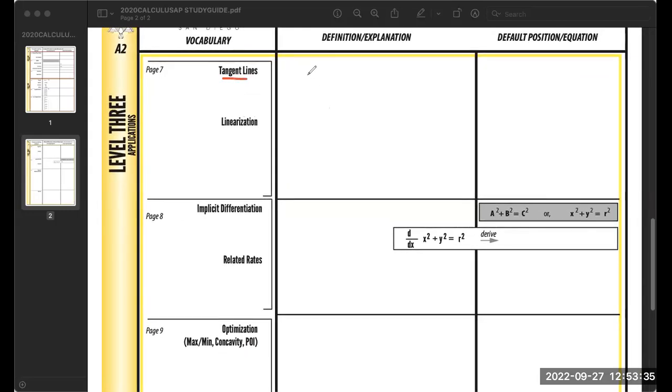Well, tangent lines was just y equals mx plus b. But you're plugging in the derivative at that given point a, you're going to multiply by the value that you're given, right? And you're looking for your b in this sense, or your y equals mx plus b tangent line.